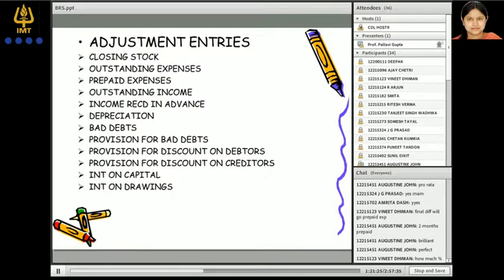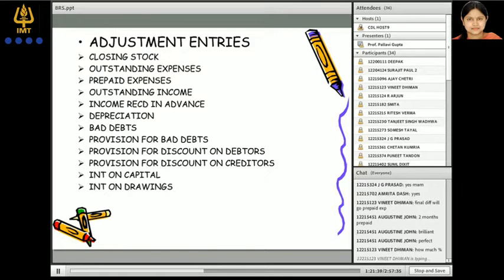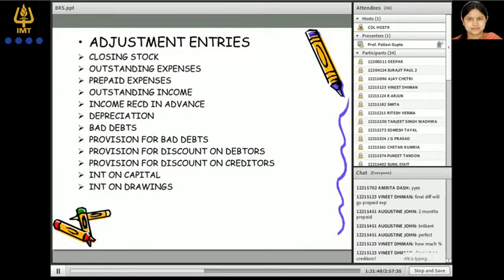If the question comes to you, it would be given in the question. It will depend on the type of the business, the trade practices. So this was for debtors, 3 items: bad debts, provision for bad debts, provision for discount on debtors.